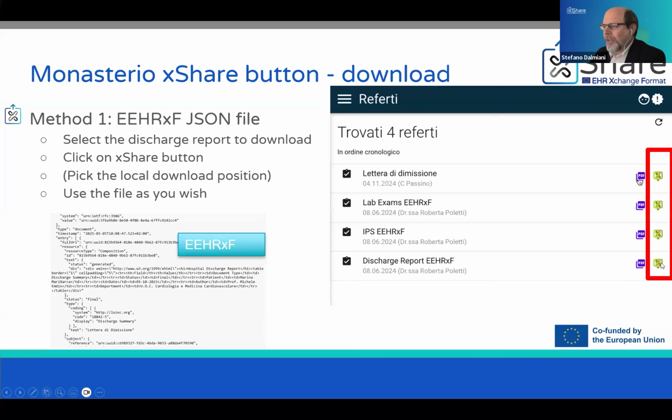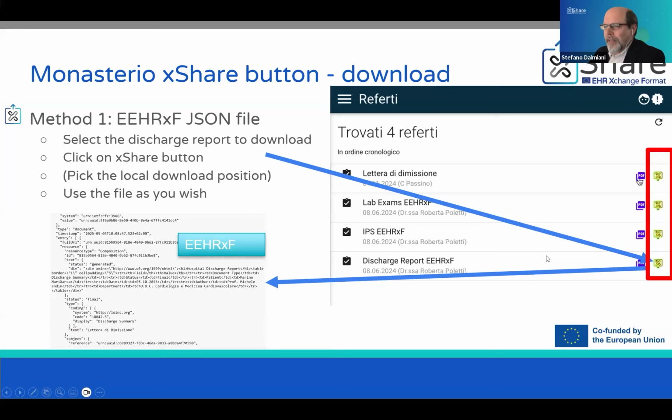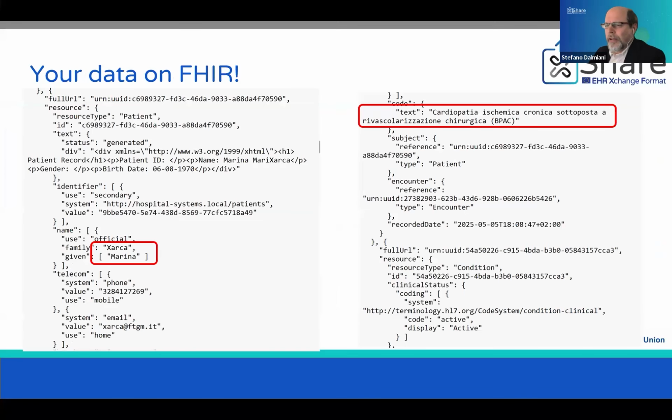So you can choose which report you want to download, because this is the first function that we implemented. Just clicking on the button, you can pick the location that you want to use for the download, and have the file in the structured format that Evangelos just mentioned, to be used for anything that you want. So you are really in control of that.